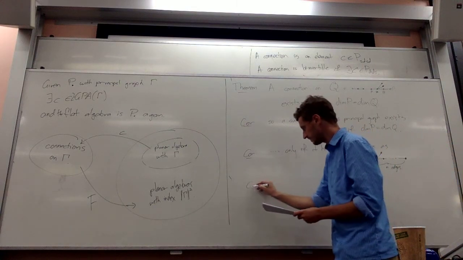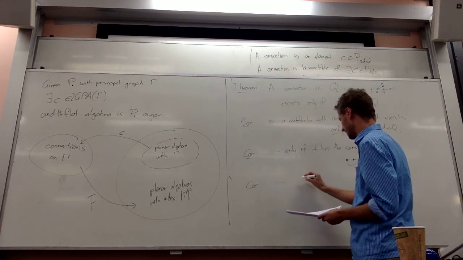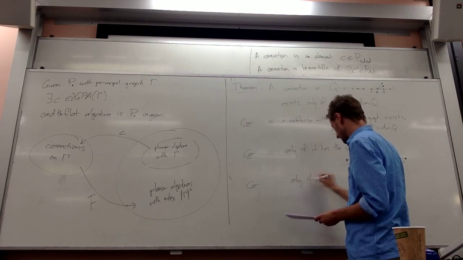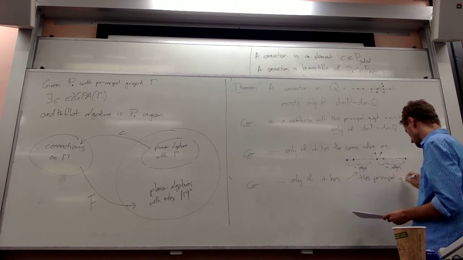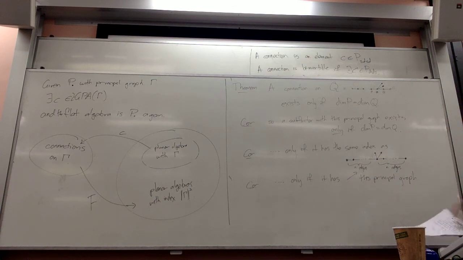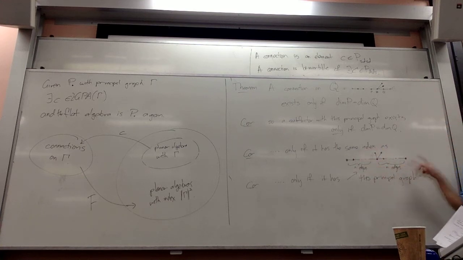And then the next corollary is that in fact, only if it has exactly this principal graph, and roughly the idea here is if we had some more complicated principal graph like this, then you could argue that there was some subplanar algebra that just had this principal graph, but it would be at the same index because it's a subplanar algebra and index is preserved when you just take subspaces.